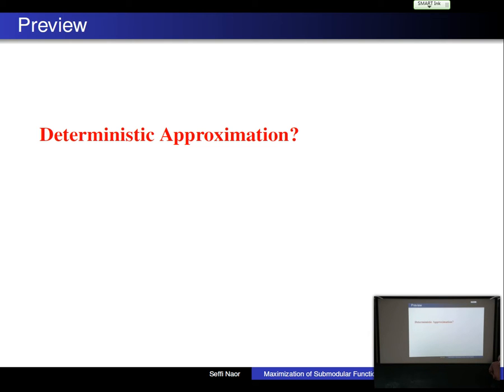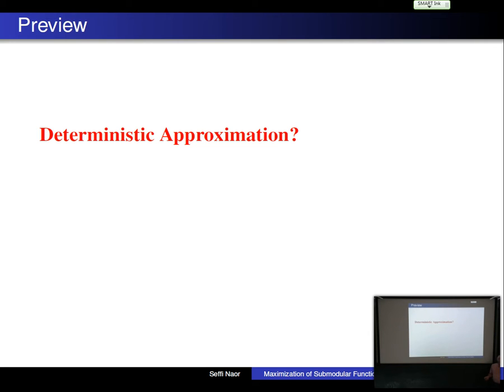The continuous one just finds a fractional point at the end. But the randomized algorithm gives you a distribution over solutions, right? So I'm not sure I understand. After the rounding, would you get the same distribution? Of the deterministic one, probably not. I don't think so. So we have to check. It's a good question. I'm not sure.